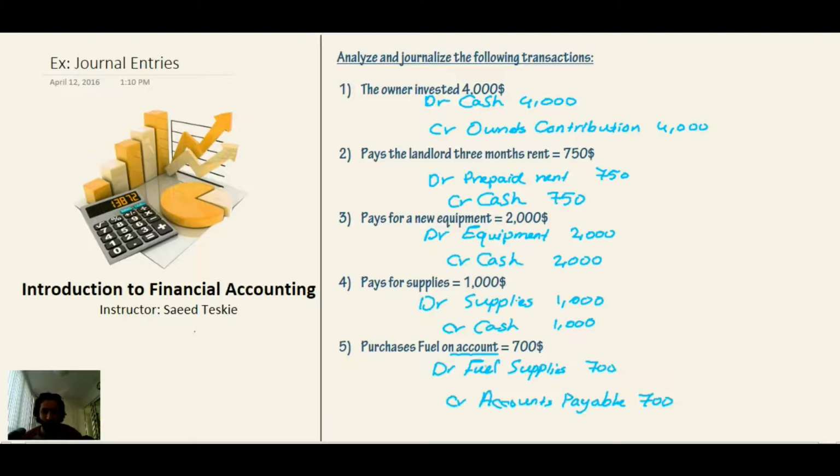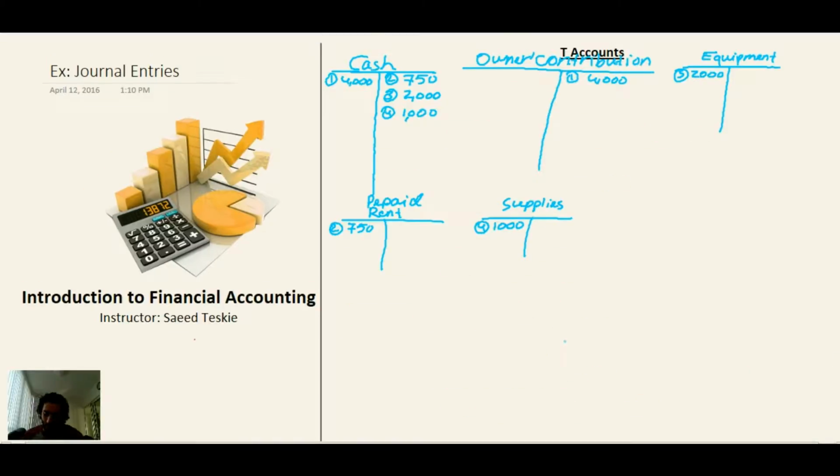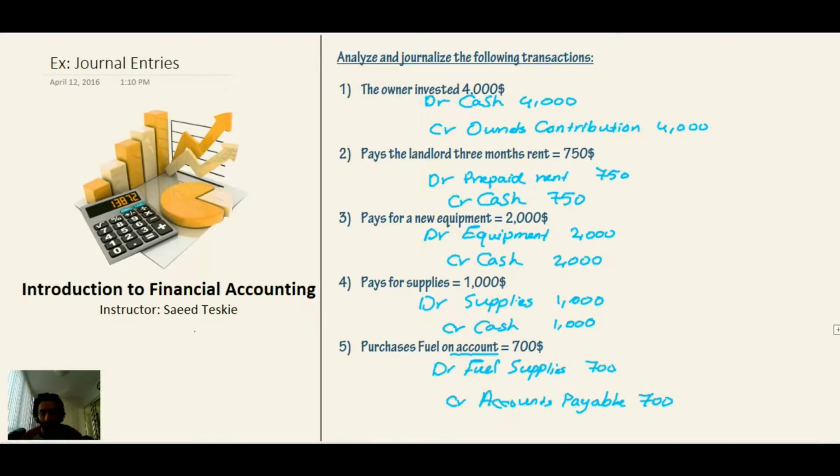Okay, we purchased fuel on account for 700, so we debited fuel supplies 700 and we credited accounts payable 700. So we have fuel supplies, number 5, 700, and we paid in cash for it 700. Okay, done with this.